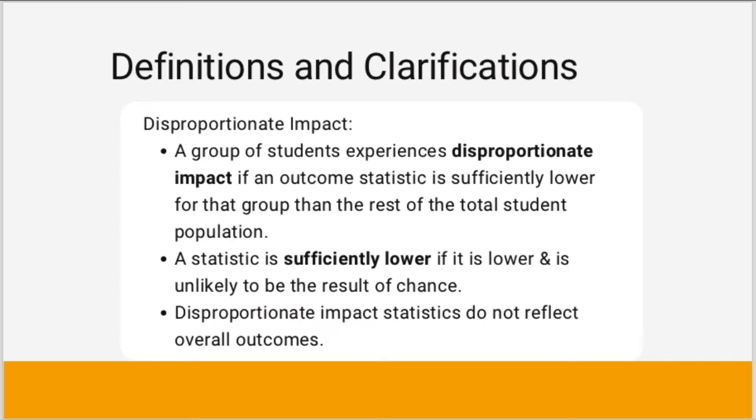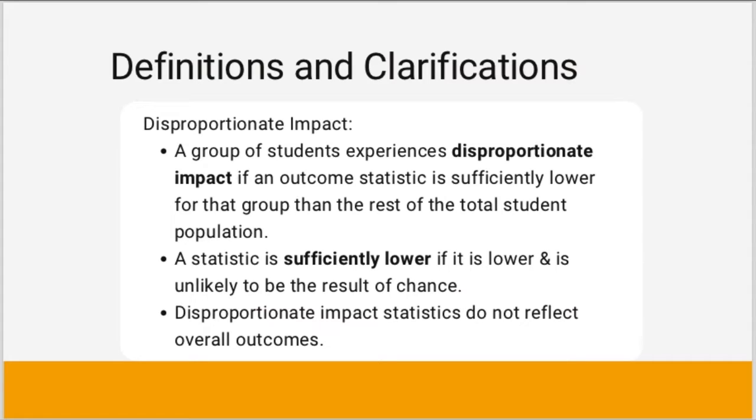Secondly, you may have noticed in that definition, I use the phrase sufficiently lower, and in the alternate version, sufficiently higher. The key thing is, what does sufficiently mean? You can take that to mean that it's different enough from what we expect that it's unlikely to be from just pure chance.